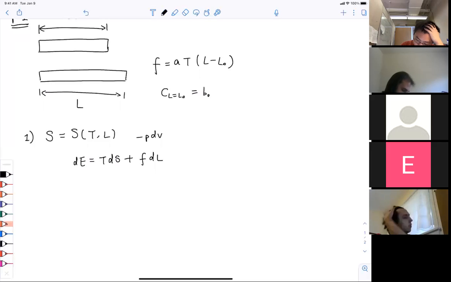From last week's discussion, we know how to calculate the entropy. There are two equations.